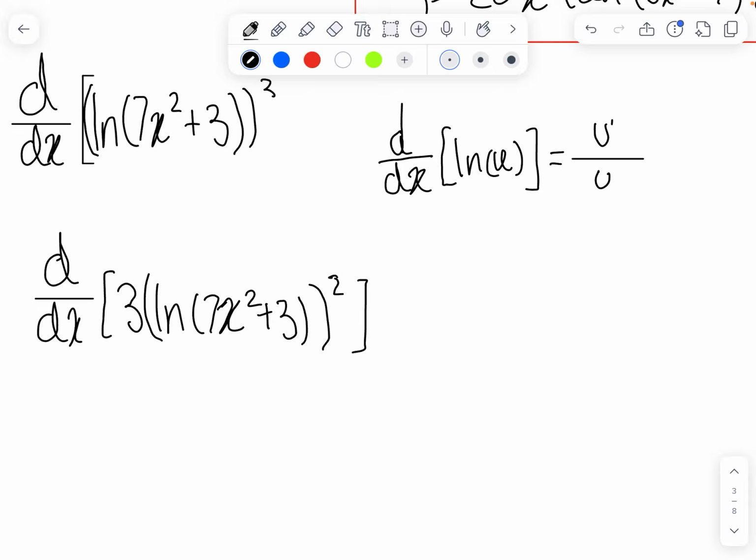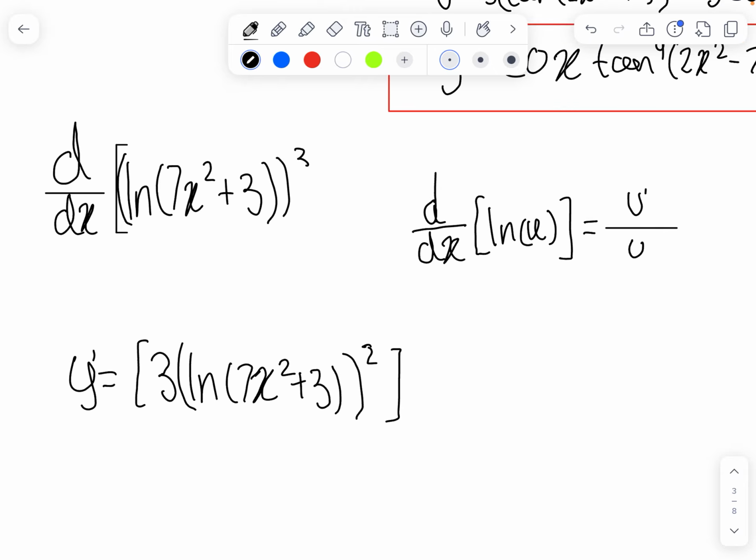Shoot, wait, why did I write this? And now we multiply it by the derivative of this, so the inside term.